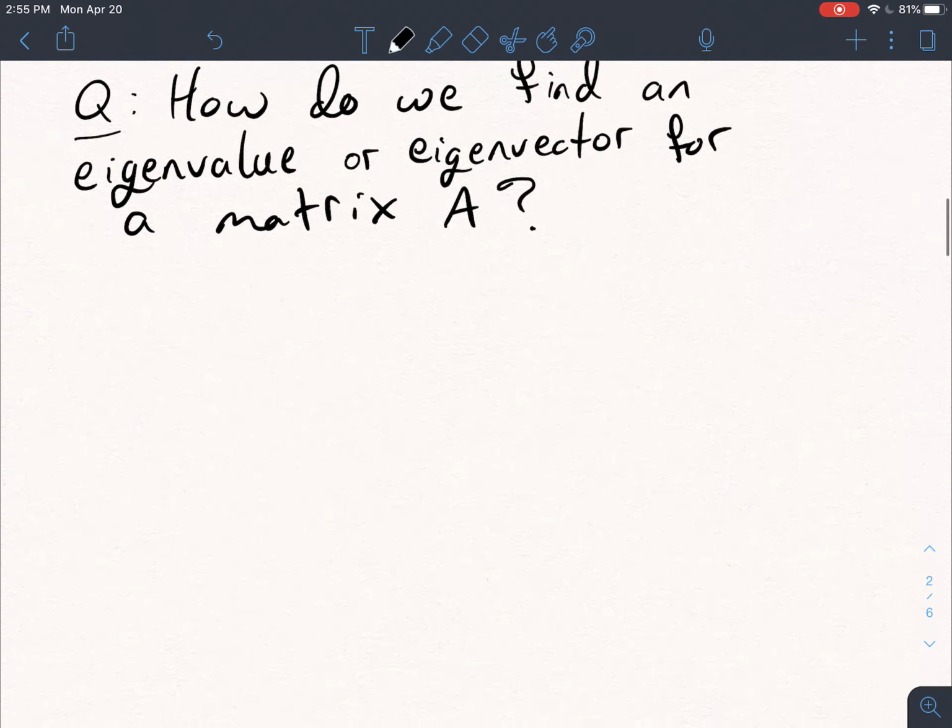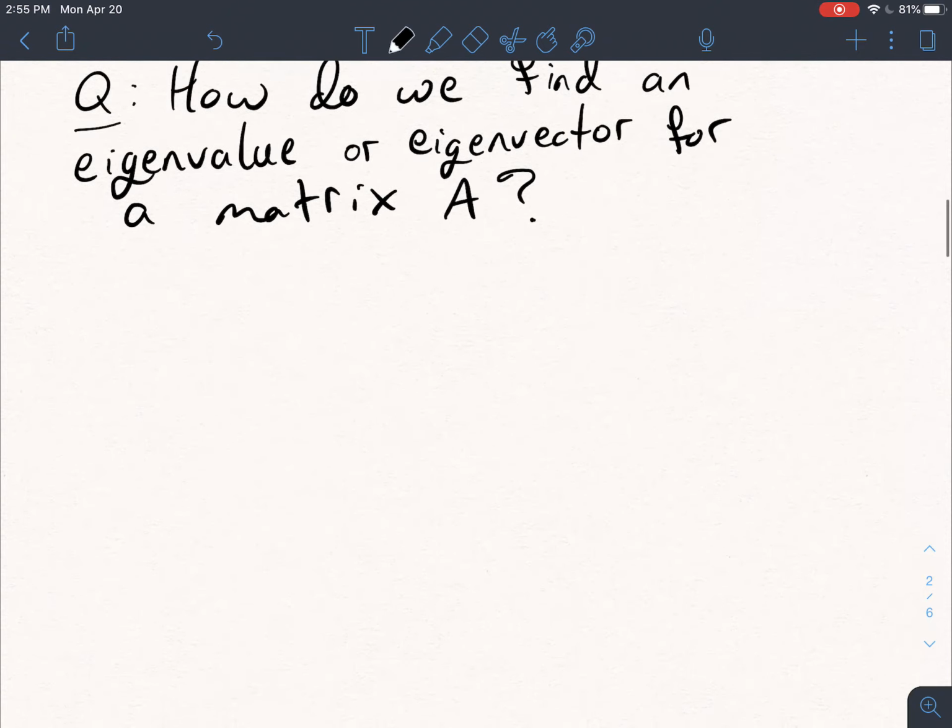So the question for the rest of this video is going to be, how do we find an eigenvalue or eigenvector for a matrix A? So let's walk through this.